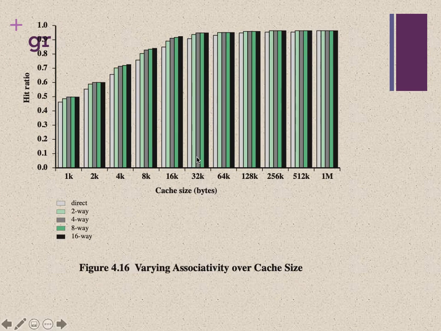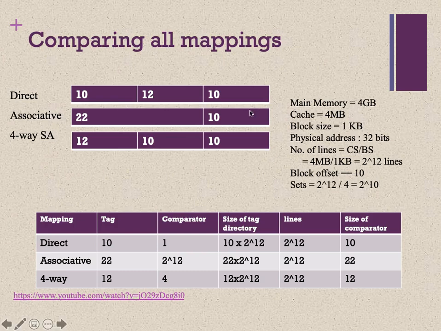So the point is that as we increase cache size, we increase the hit ratio. And as we increase the associativity, we also have better hit ratio. This is the comparison of direct, associative, and eight-way. It demonstrates how many comparators you need, the size of the tag, the number of lines, and the size of the comparator.